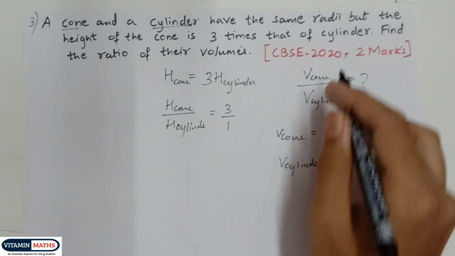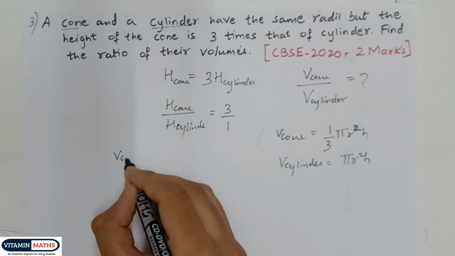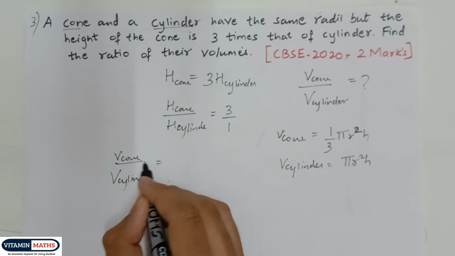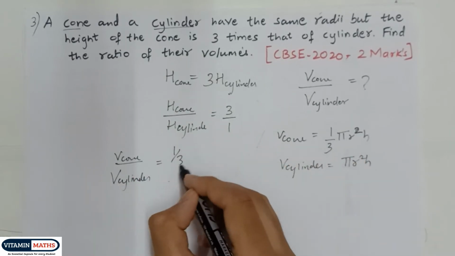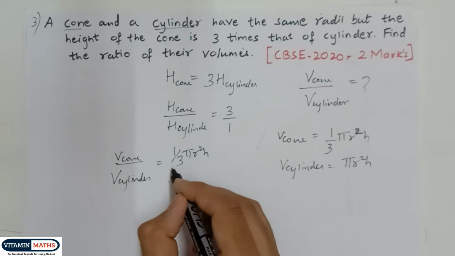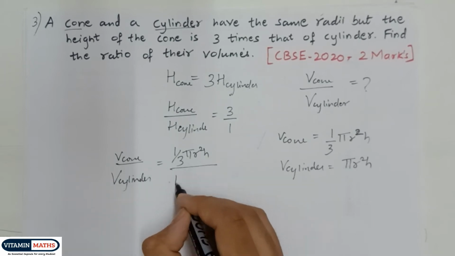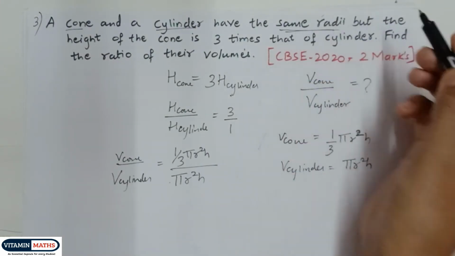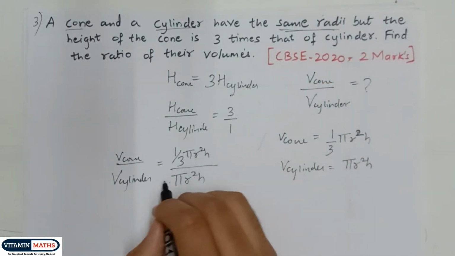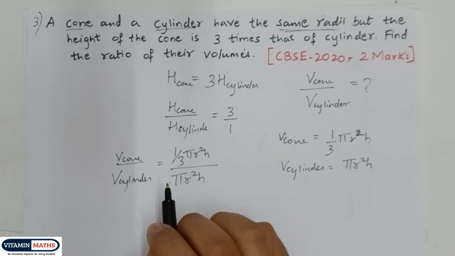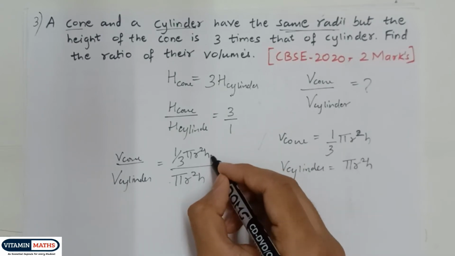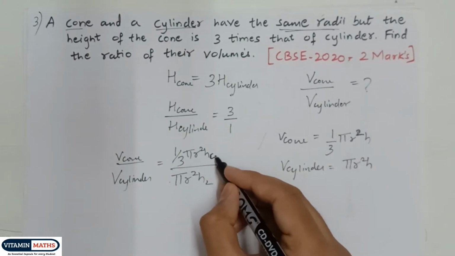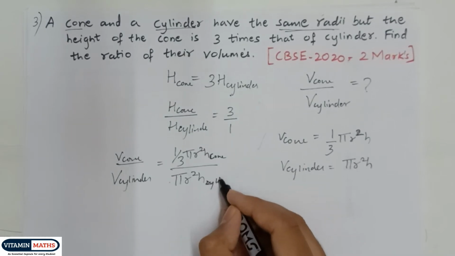So let us substitute in this equation. Volume of cone divided by volume of cylinder is equal to 1/3 pi r square h divided by pi r square h. The radii are the same, hence I have not taken different r values here. The height of cone is only changing. So let me take this as h1, this was h2: this is height of cone, and this is height of cylinder.